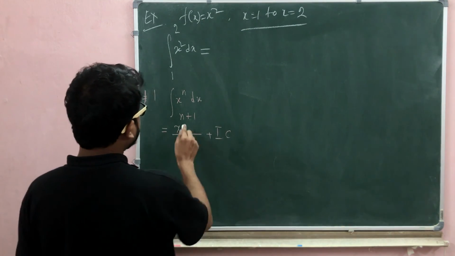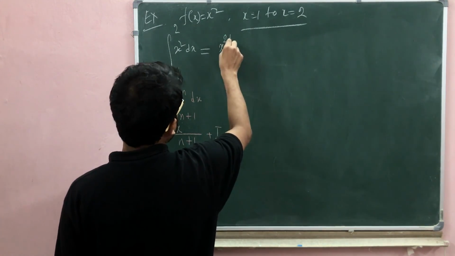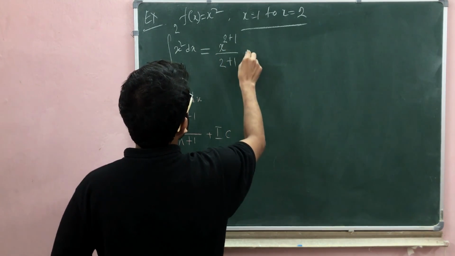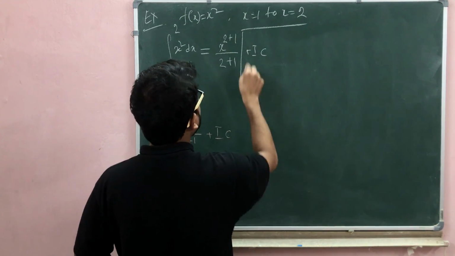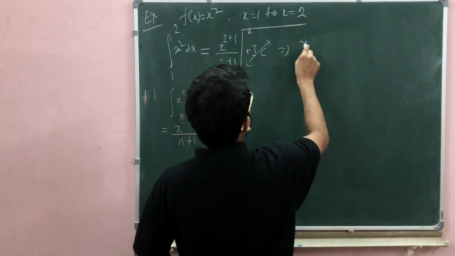Similarly, if n equal to 2, the value is x to the power 2 plus 1 by 2 plus 1, plus integration constant. Now ignore the integration constant, with limit 1 to 2.